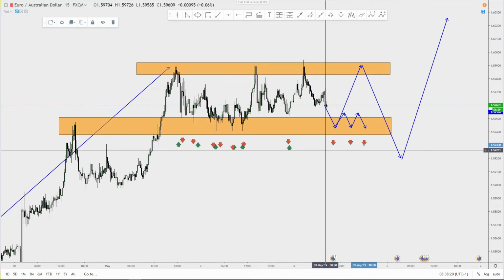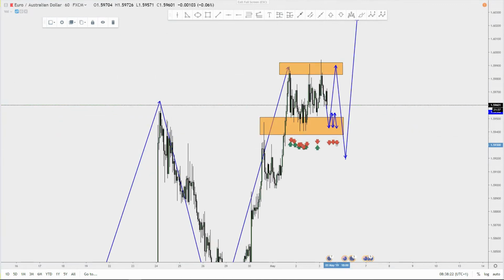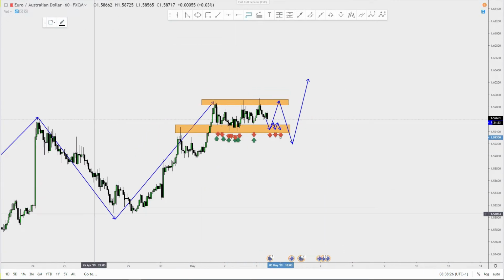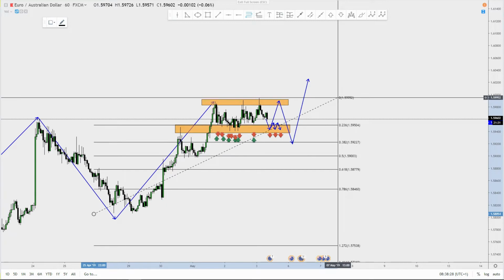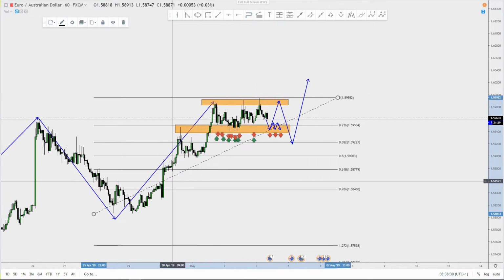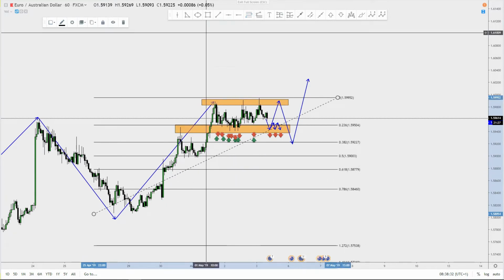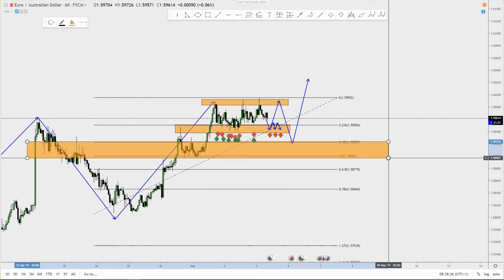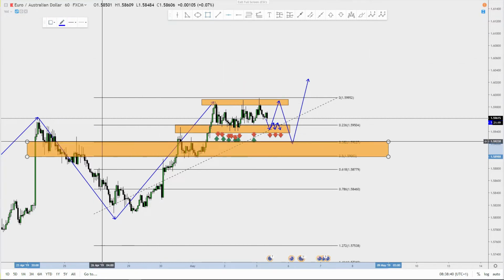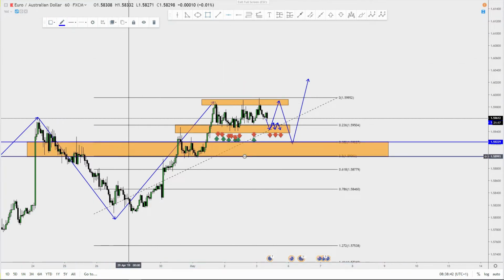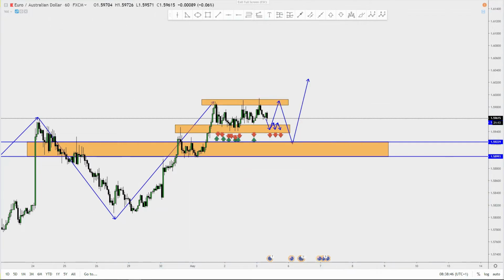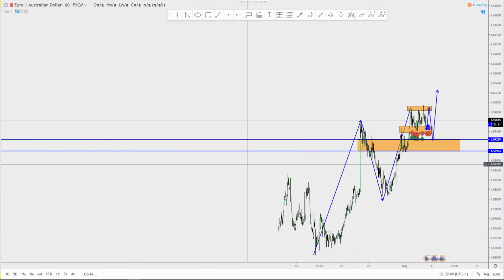So we need to really look for a good area where the market may potentially retrace to, and we can see here that there is a couple of nice little levels just in here. We'll grab a couple of horizontals, we'll put them on there, we'll delete that, otherwise it looks a bit too busy.